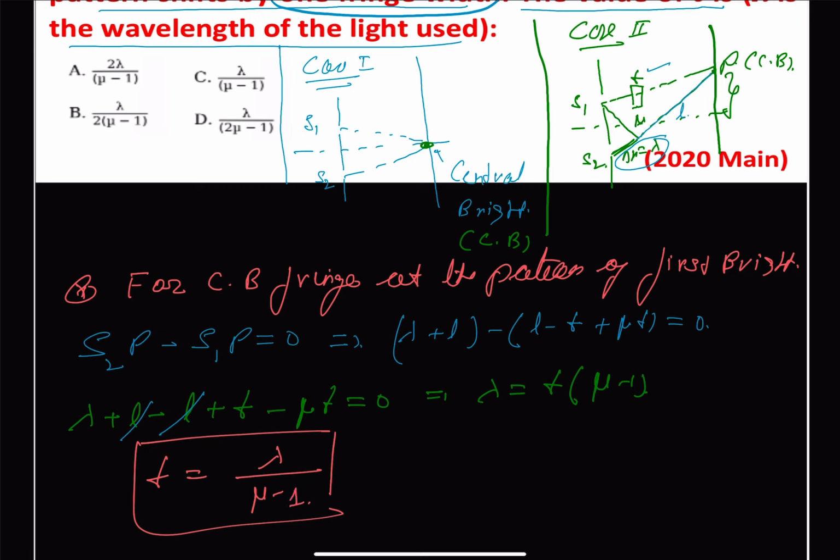So the option lambda upon mu minus 1, option C is the correct one. Option C is correct. Next question.